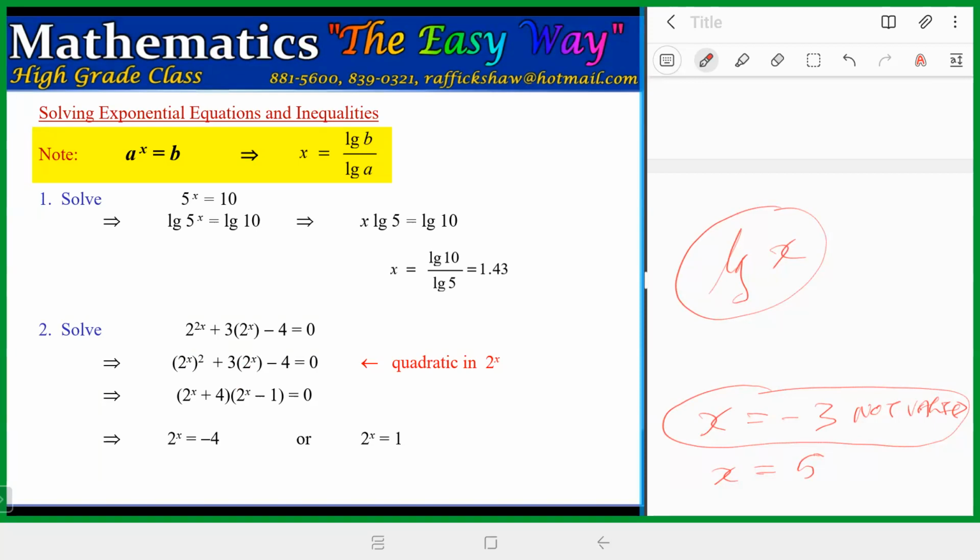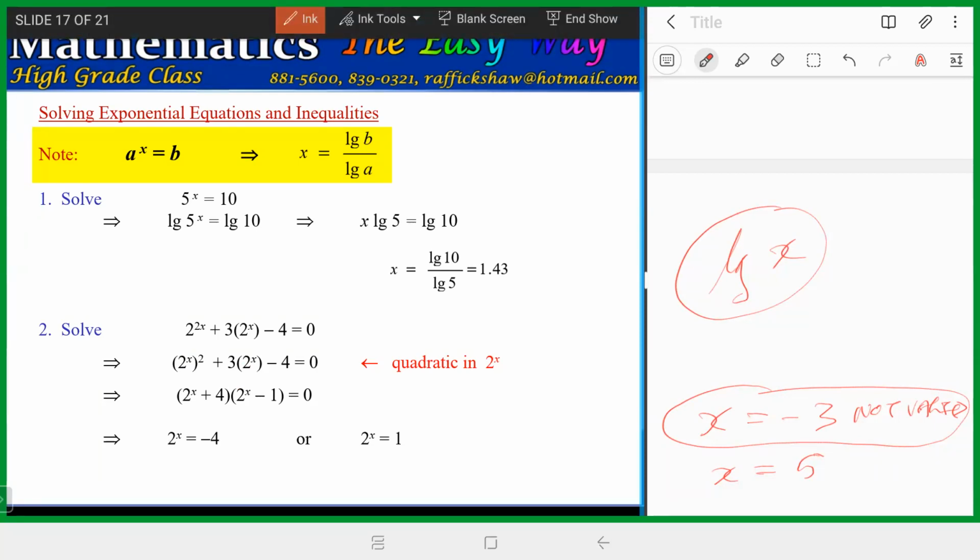What did we say? We said a positive number raised to a power cannot be negative. A positive number raised to a power cannot be negative. So this one is not valid. There's no value of x that will cause this to be negative 4.